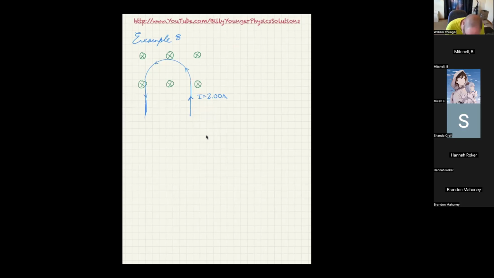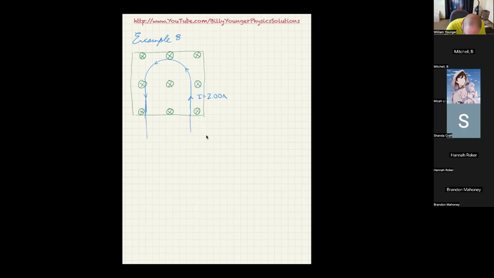Now I'm going to draw my three magnetic field arrows where they're supposed to be. This is the extent of the magnetic field just inside of these green lines. The wire actually goes beyond it, but that part definitely doesn't matter.